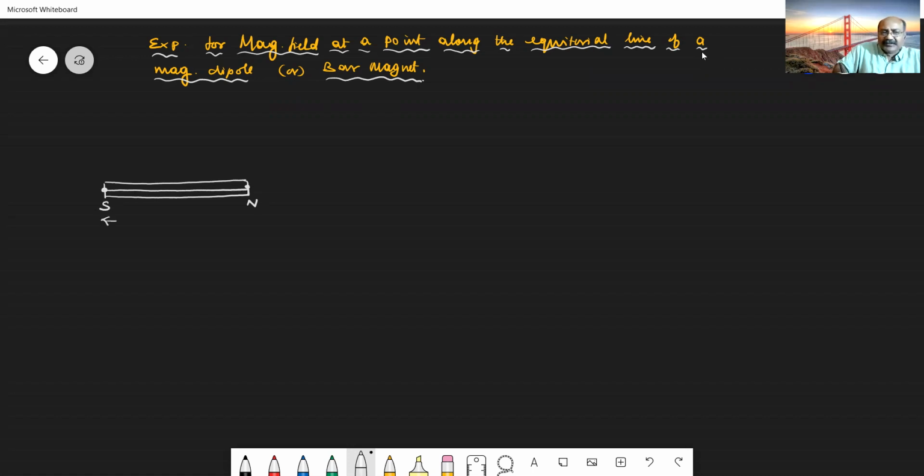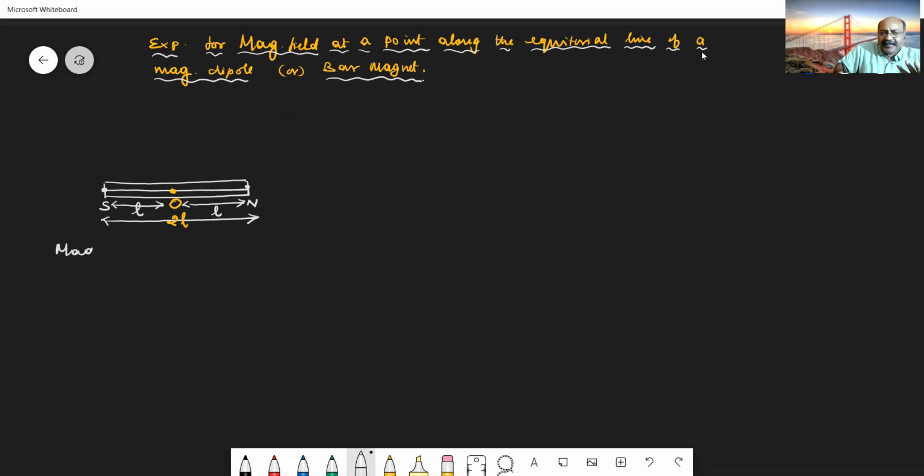The length of this bar magnet is considered to be equal to 2L. Let O be the geometric center. Then the length OS is equal to L, the semi-length, and ON is also equal to L.